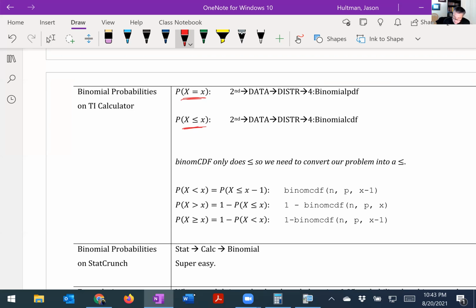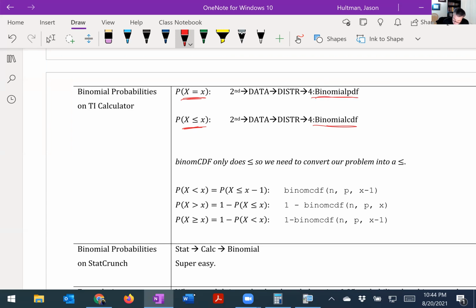So it depends on what they're asking for. If we want all the probabilities up to a certain value, then that's the cumulative function. If we just have equals, that's the probability function.